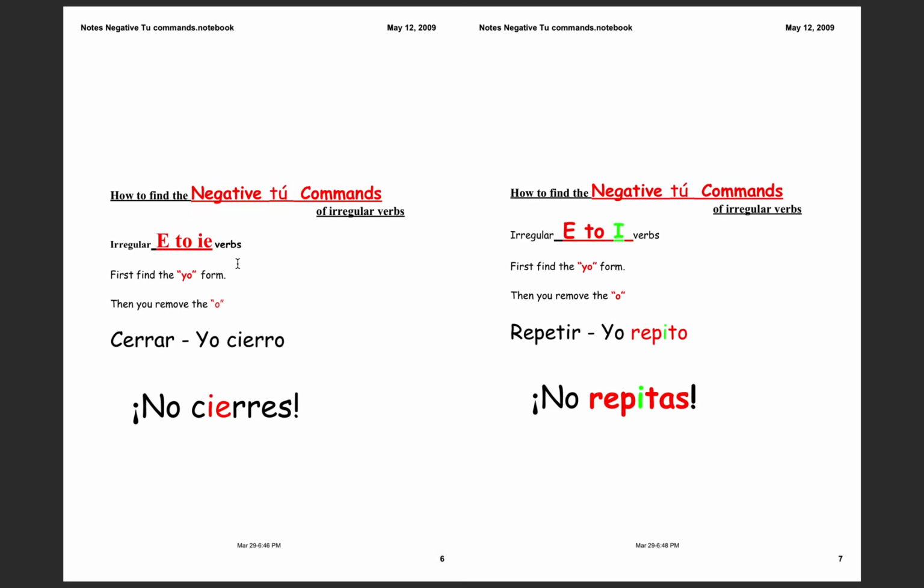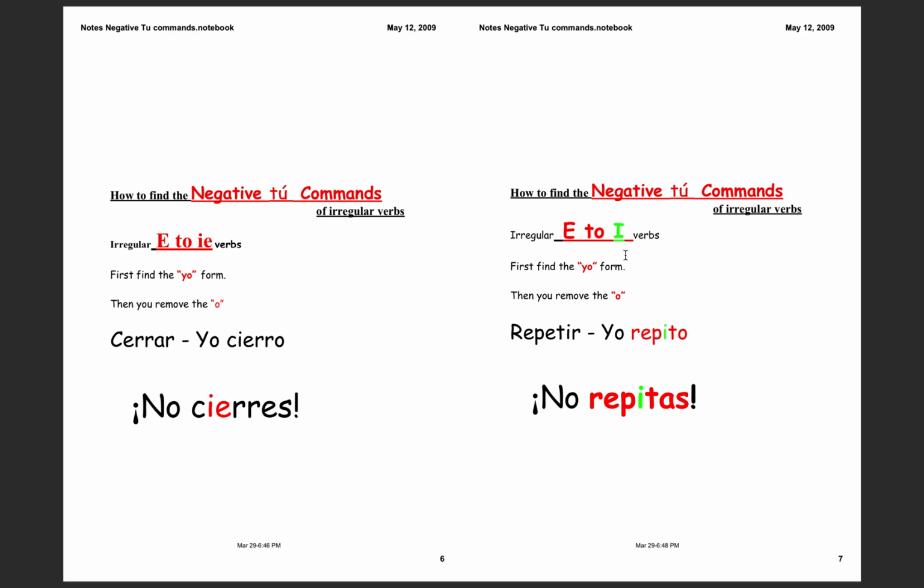Okay? Remember that you will have stem changing verbs like the verb cerrar changes E to IE right here. Cerrar, the E goes IE. Yo cierro. It's the same rule though. Take off the O. It's an AR verb, so I'm going to add ES, but I keep that stem change. No cierres, don't close. No cierres la ventana, don't close the window.